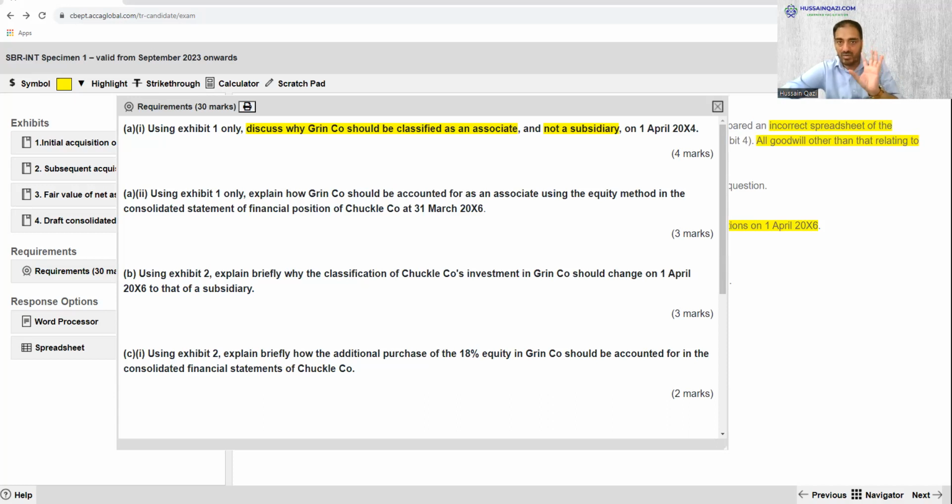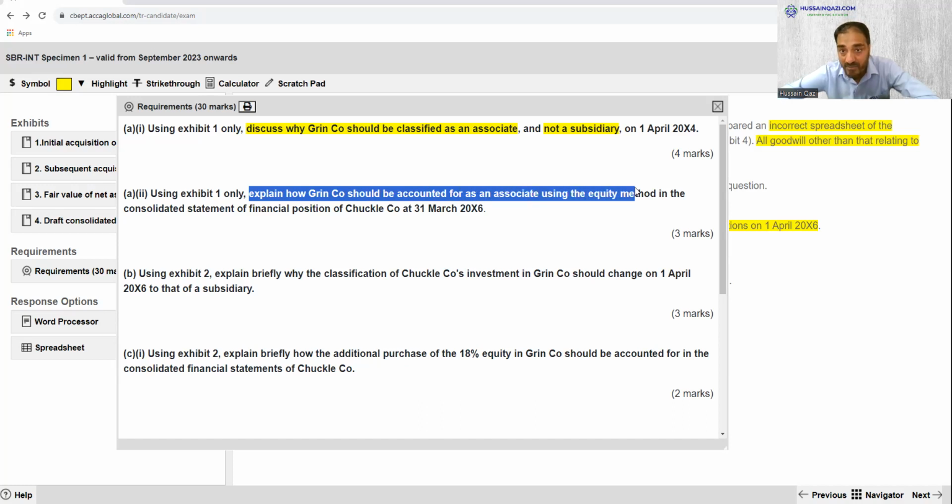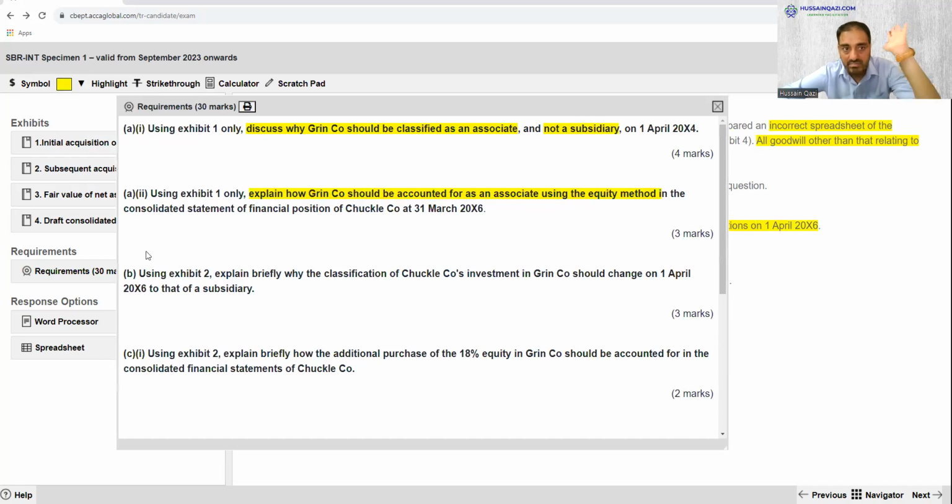So it's something about the discussion of associate and subsidiary. Initial mindset. A2, exhibit 1 only. Explain how GRIN should be accounted for as an associate using the equity method in the consolidated balance sheet at 31st March X6. So A2 is something about associate accounting.